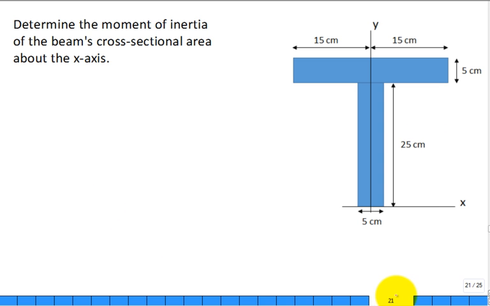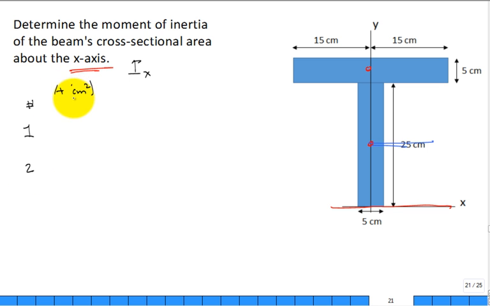You now say for the same cross section, do it about the x-axis. Well, where's the x-axis? Right down here. Where's our centroid? Here and here. You're going to have to use the parallel axis theorem to move from the centroidal x-axis for both of those. We're calculating I sub x. We have how many areas? 1 and 2. Let's go ahead and get the area of each in centimeters squared.